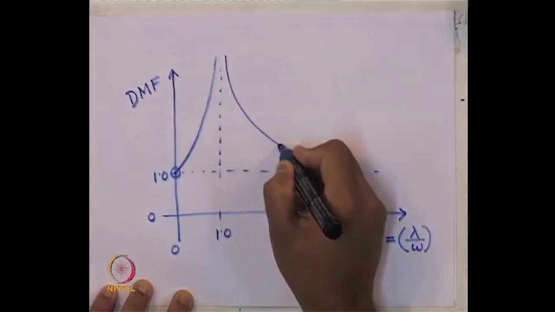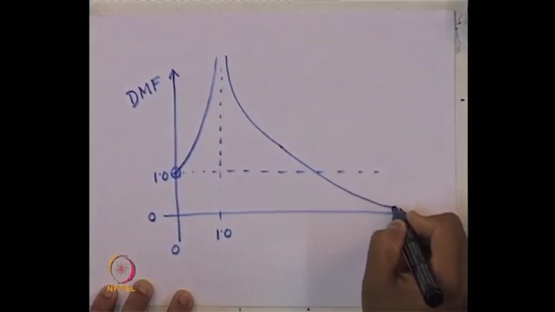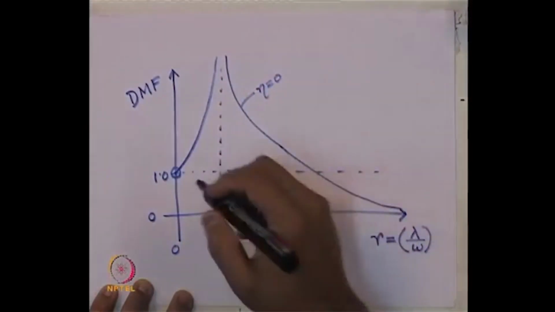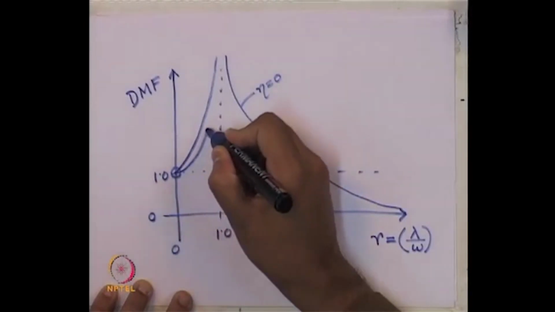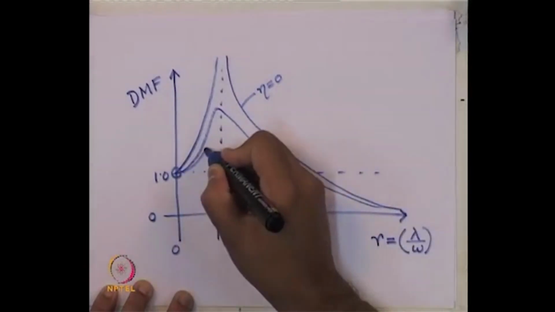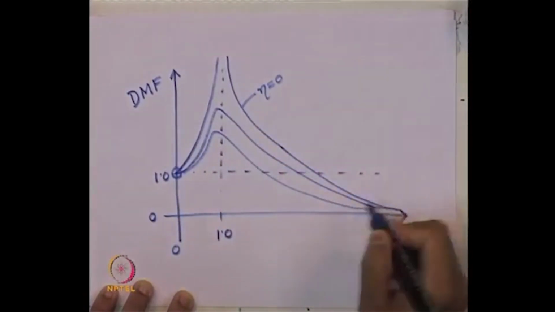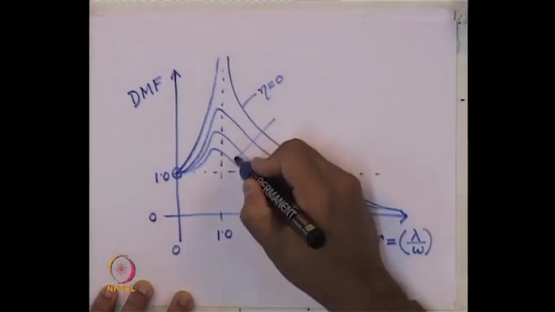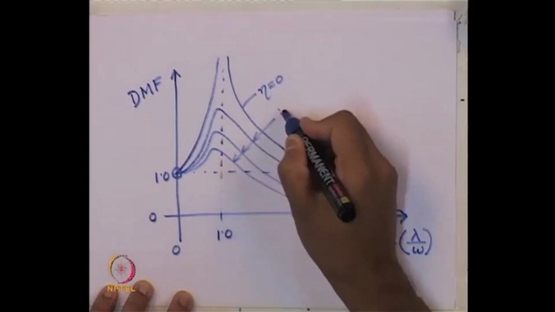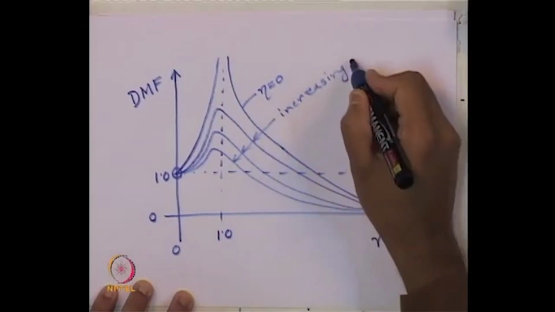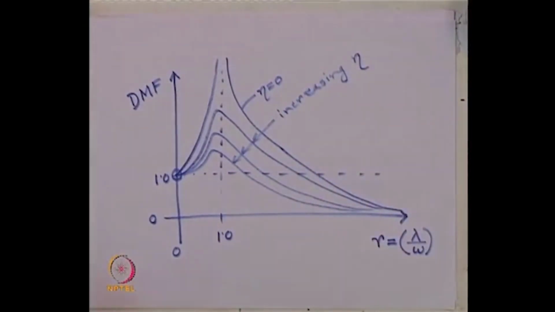Here also it comes from infinity and goes to 0 for the undamped case, eta equals 0, but for damped conditions the variations are like this, with increasing eta. So, that is what we had seen in the previous lecture.